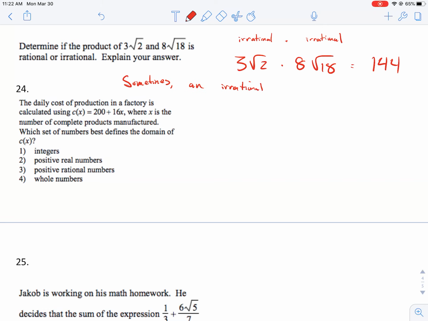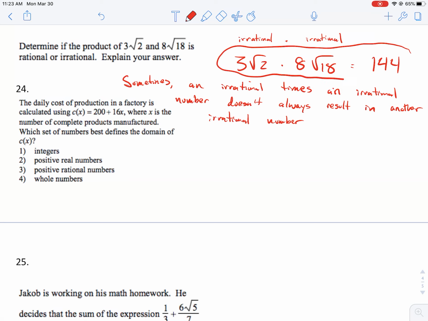What you've got to remember is that sometimes an irrational number times an irrational number doesn't always result in another irrational number.